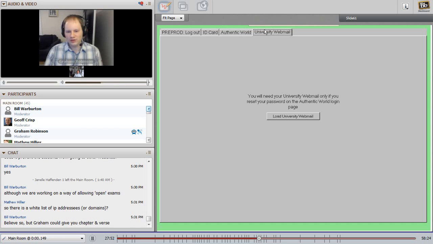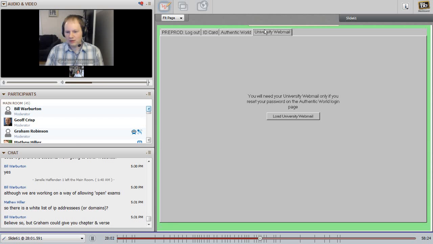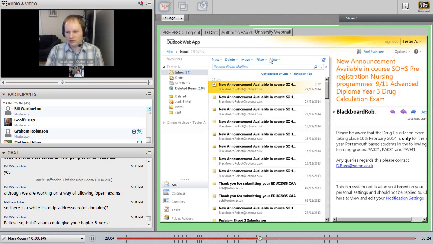So if you didn't know what your password was, you could click on the Forgotten Your Password link, and then you could go to your University Webmail, load up your University Webmail, and the Reset Your Password link would come through to here.